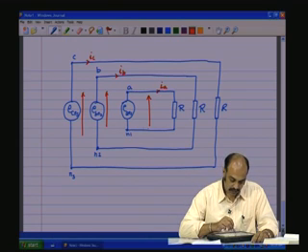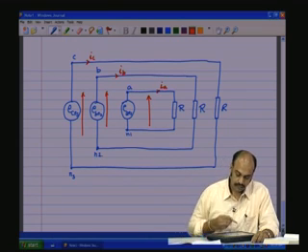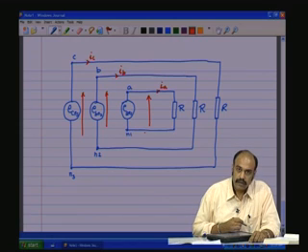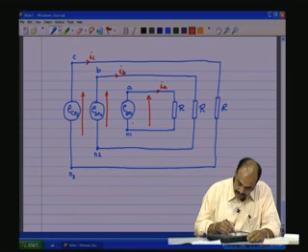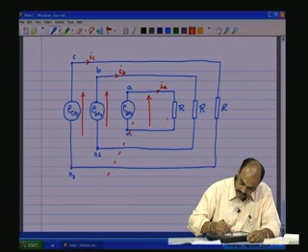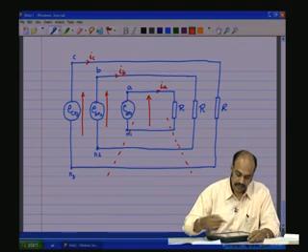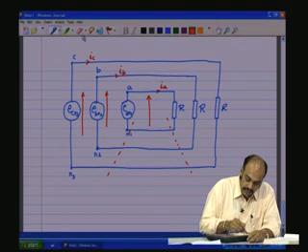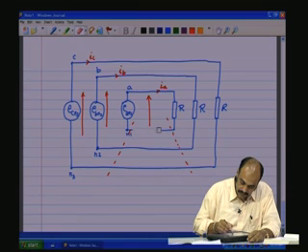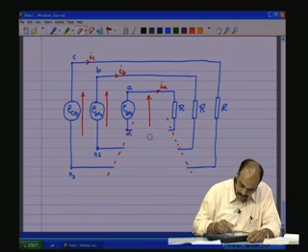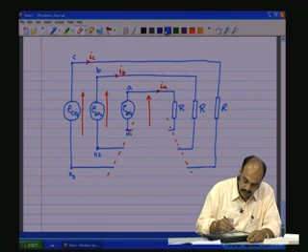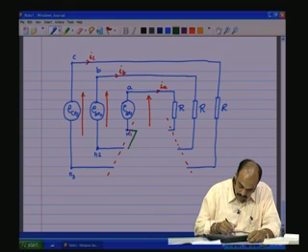Now, all the return paths of all these things can be clubbed together, because there is nothing here in this, no other component which comes, just plain wires, conductors. So, let us say we remove all these conductors and club them together like this.